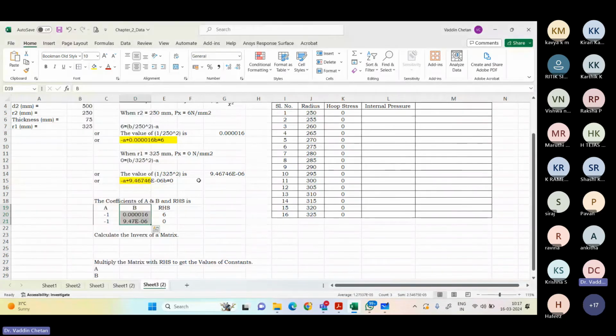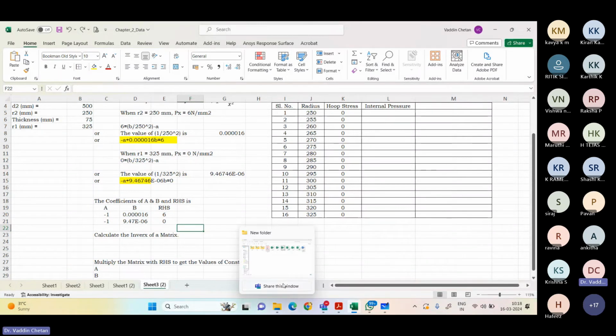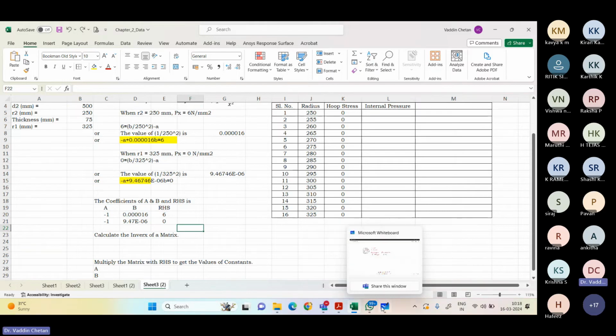Something like that, if you wish, you can take it. I have taken the coefficients of A and B and the RHS. So how exactly is it?